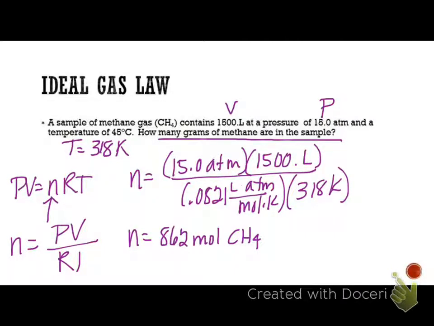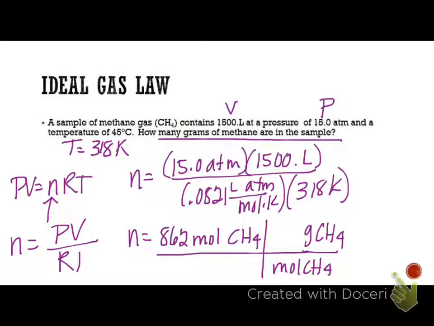So now I can go straight into using my conversion with my molar mass. And so I'm going to get rid of moles of CH4 on the bottom, and I'm going to do grams, and I'm going to go find the molar mass of CH4, which is going to be 16.05.